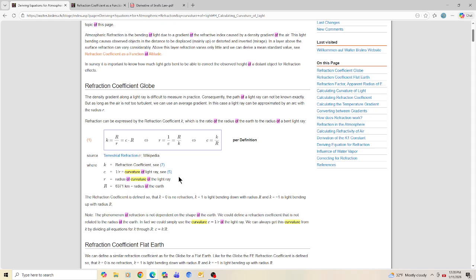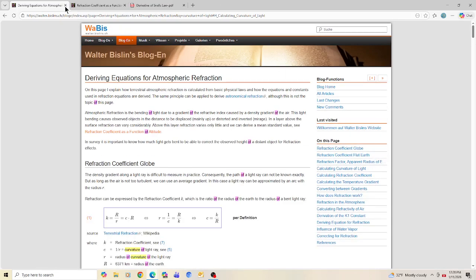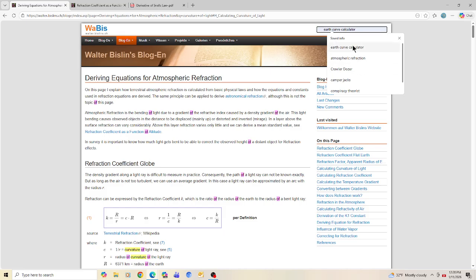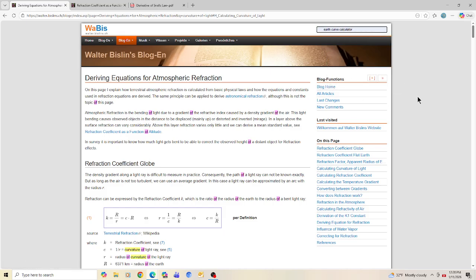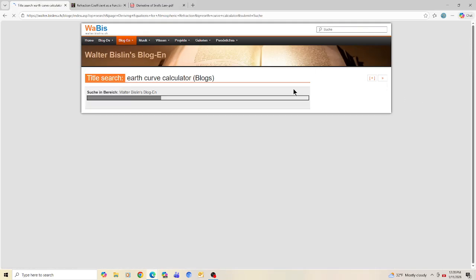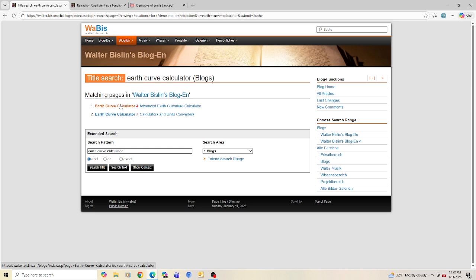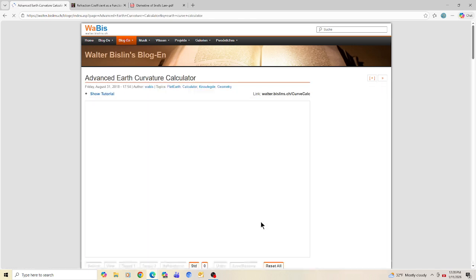When you actually put this into Walter Bislin's program, and let's go there real quick. Let's go to the Earth Curve Calculator. Let's bring this up.